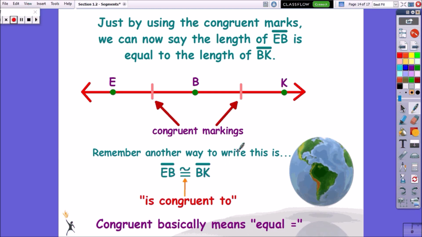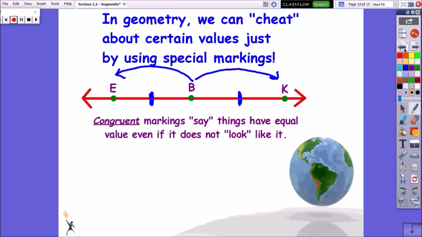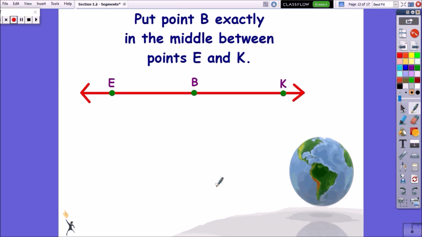So without those markings, you cannot assume that segment EB is congruent or equal to segment BK. So again, let me just jump back real quick here to this picture. Can I say for certain that segment EB is congruent to segment BK right now in this picture? And I would have to say that is unknown.